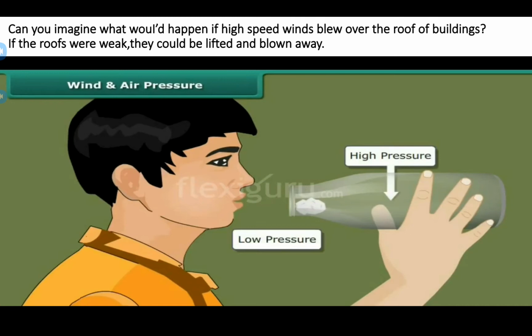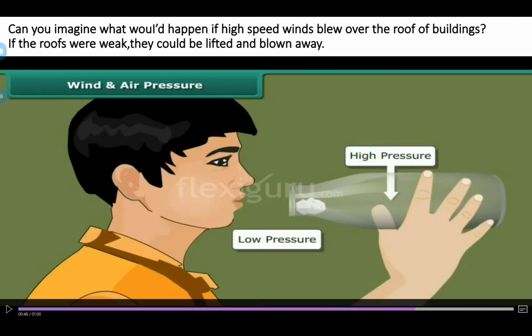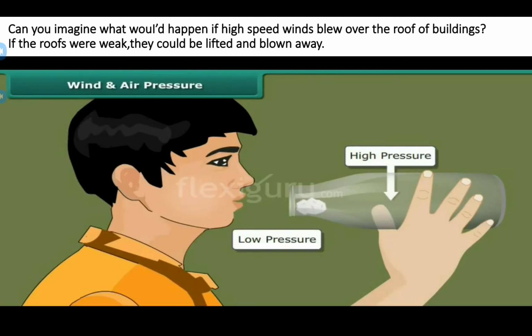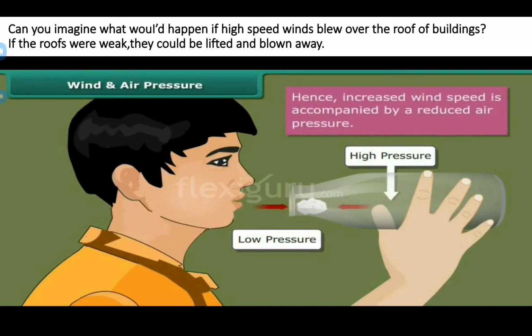That's why the low speed air inside the bottle has high pressure that pushes the ball out. So from this activity, what do you understand? When we blow air on the ball, it doesn't move inside because high speed wind is accompanied by reduced air pressure.